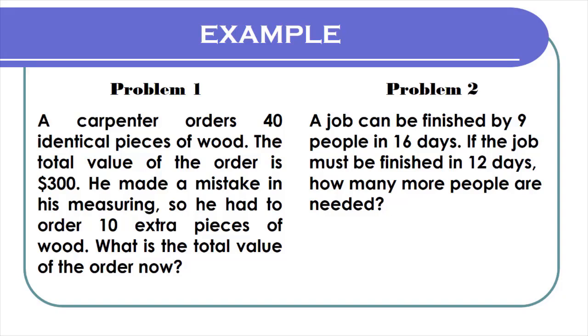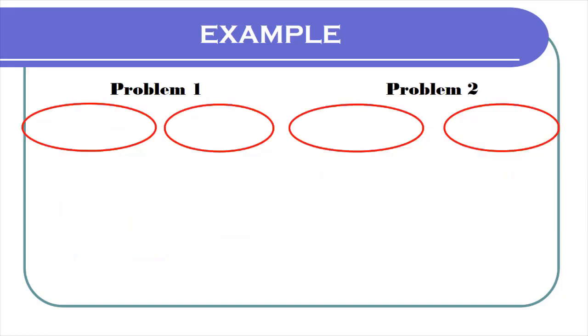The second problem: a job can be finished by 9 people in 16 days. If the job must be finished in 12 days, how many more people are needed? It compares the number of people and the time. If there are many people working, then the time will be less. So the number of people increases, the time decreases. It is an inversely proportional problem.